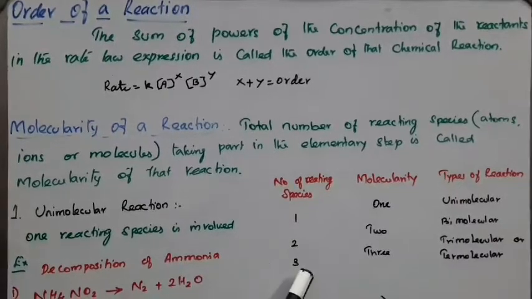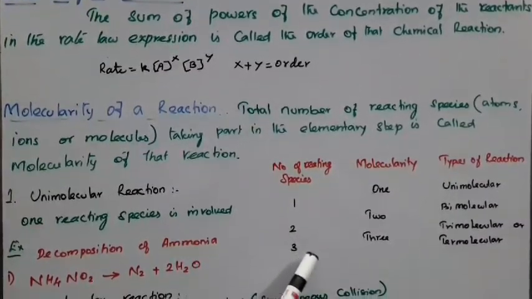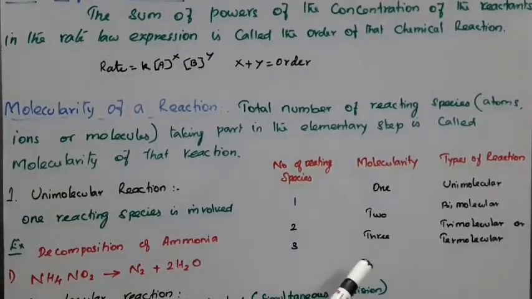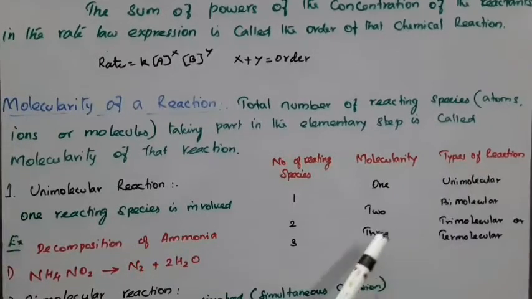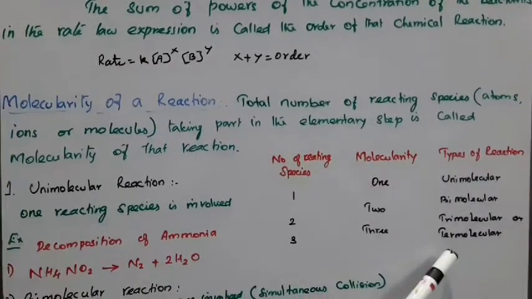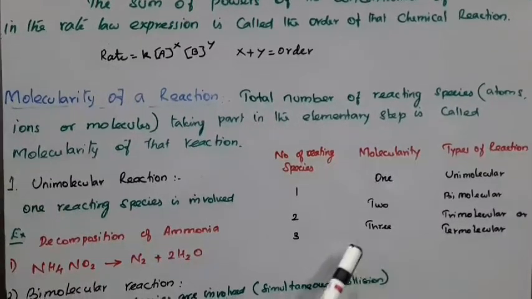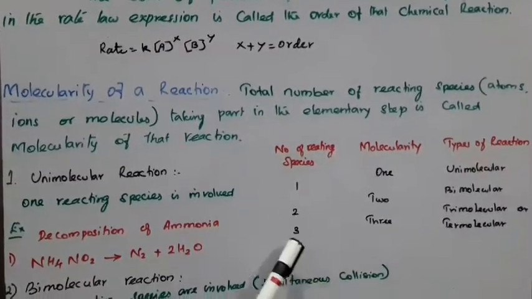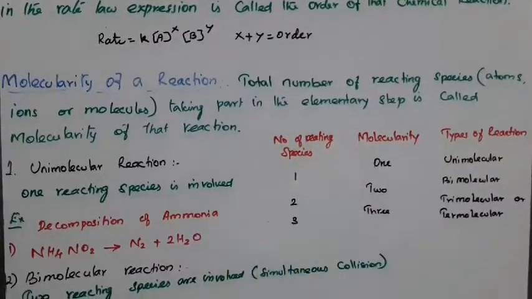Suppose more than 2, that is 3 or 4, it is a rare case. The molecules, atoms or ions undergoing the chemical reaction, the molecularity is 3, and the reaction is termolecular or trimolecular. These are all rare cases. So first, one means only one reactant, a unimolecular reaction.